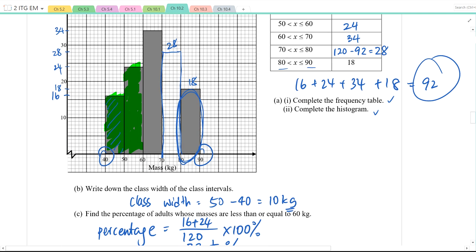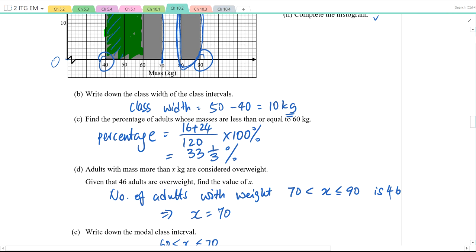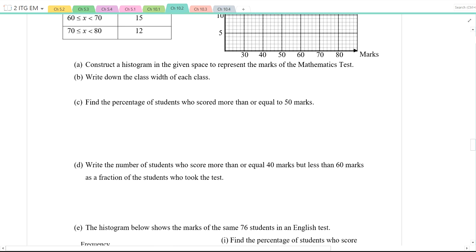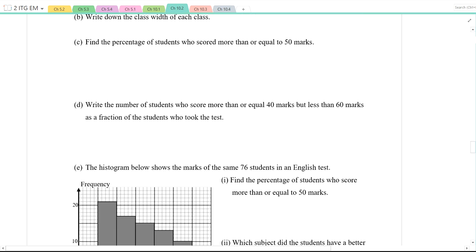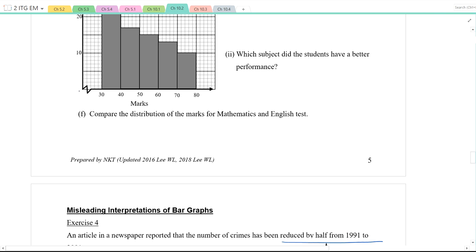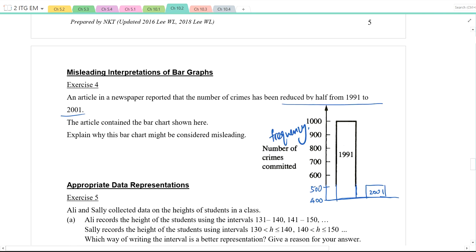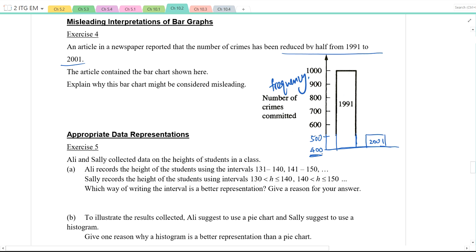Okay, over here this value is also 0, this is also 0. Likewise, this is 0. But in this case, it is 400. So that is the reason why it looks really strange, and we call it misleading.